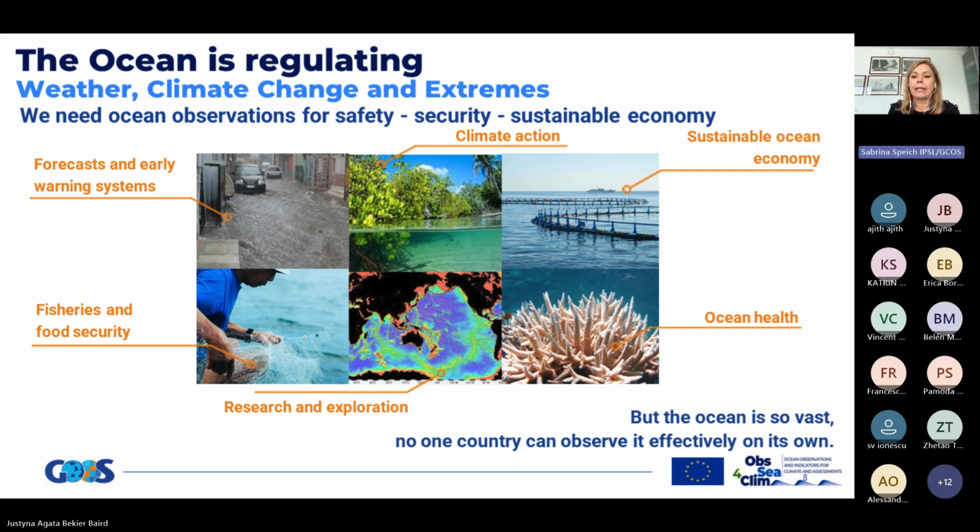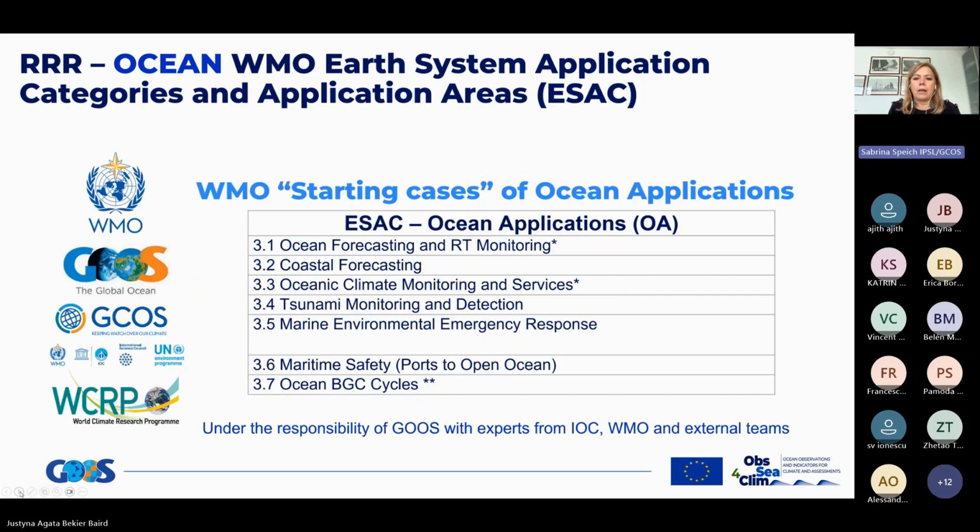So it has a really strong societal and economic value. So we need the observing system to really assess the state and provide information for these different applications. So WMO in the past has defined, so next slide, please, what are the starting cases for ocean applications.